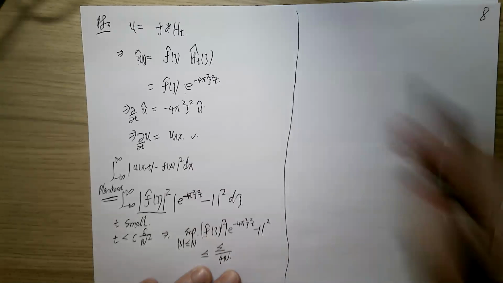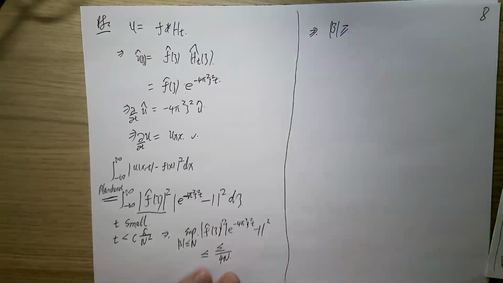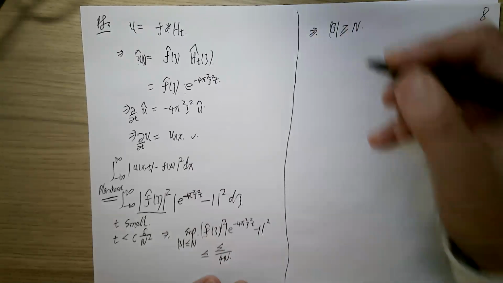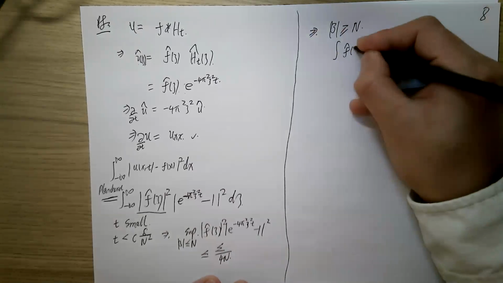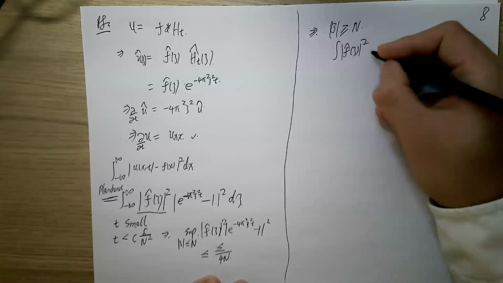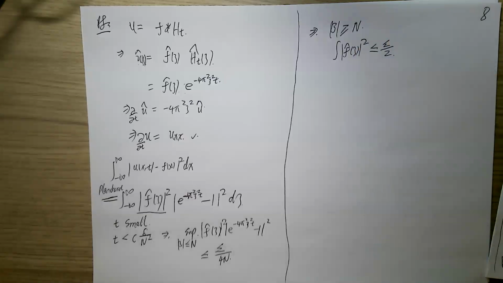That means for |xi| greater than or equal to N, the integration of |f hat(xi)| squared is less than or equal to epsilon over 2. If xi is super big, this integration is less than 1 over xi squared, and is less than epsilon if you choose N big enough.